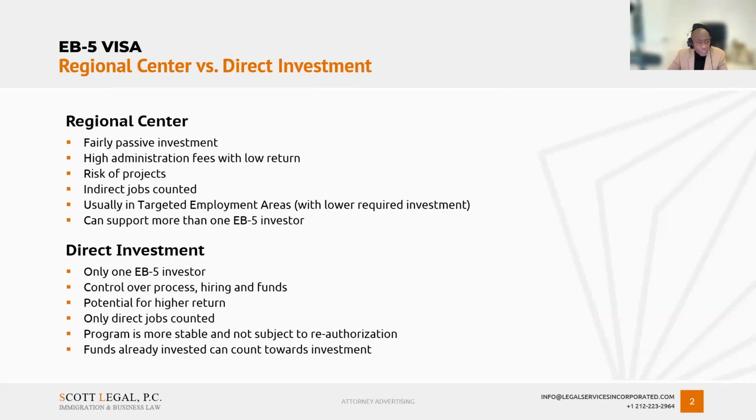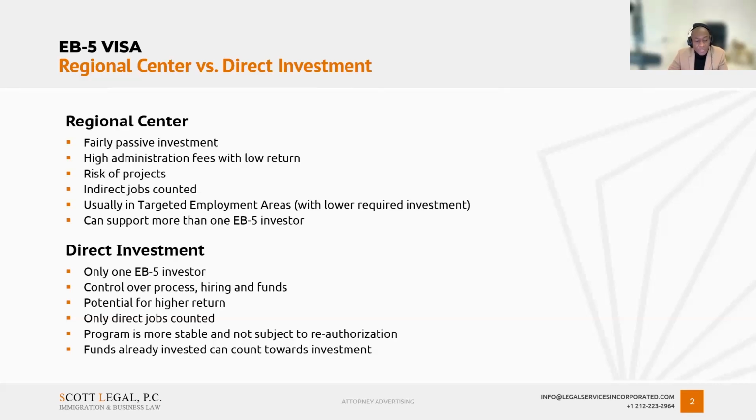although that is rare. The other thing with the regional center is that when you're investing in a regional center, because we're going to talk about the requirement to create jobs, you can include things like indirect jobs. What we're talking about there is that when we are looking at job creation, we're looking at direct jobs.